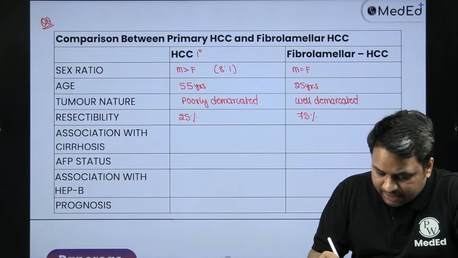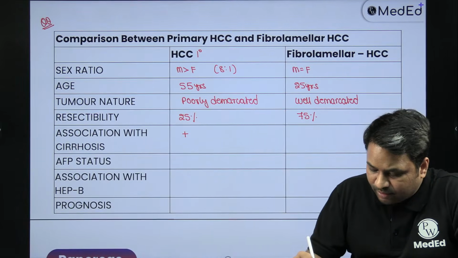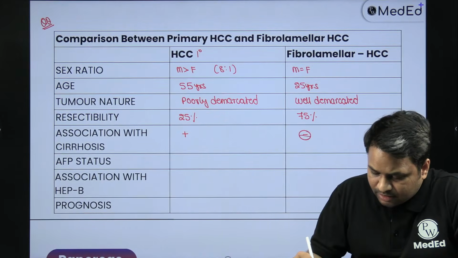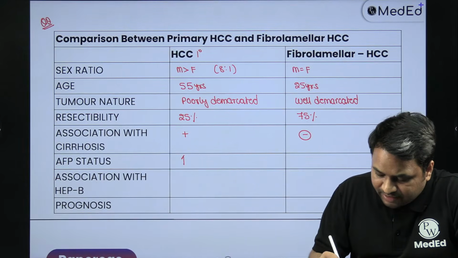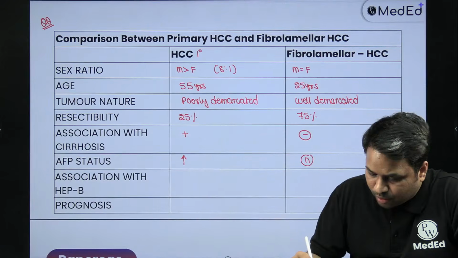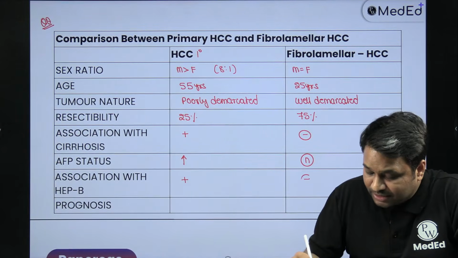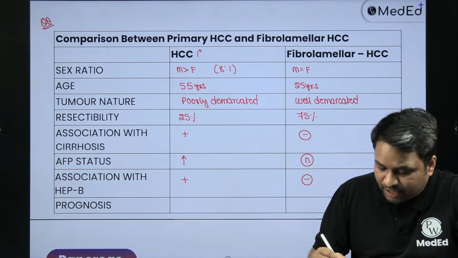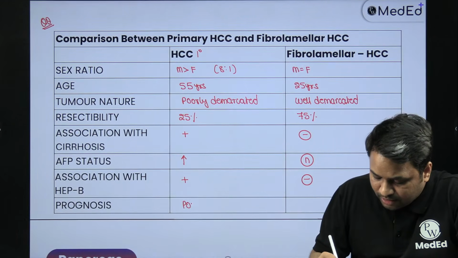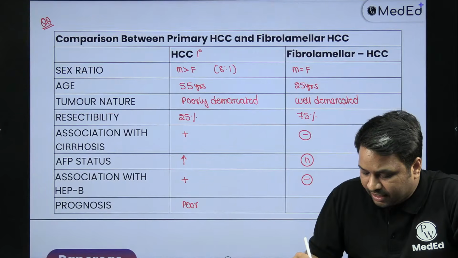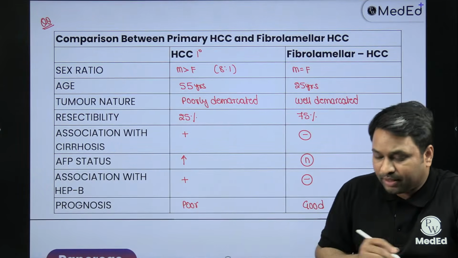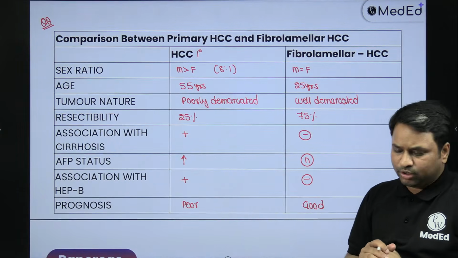HCC is associated with liver cirrhosis, the fibrolamellar variant is not. The AFP level is elevated in HCC and remains normal in the fibrolamellar variant. HCC is associated with hepatitis B, with no association in the fibrolamellar variant. The prognosis is poor in HCC and relatively good in the fibrolamellar variant.